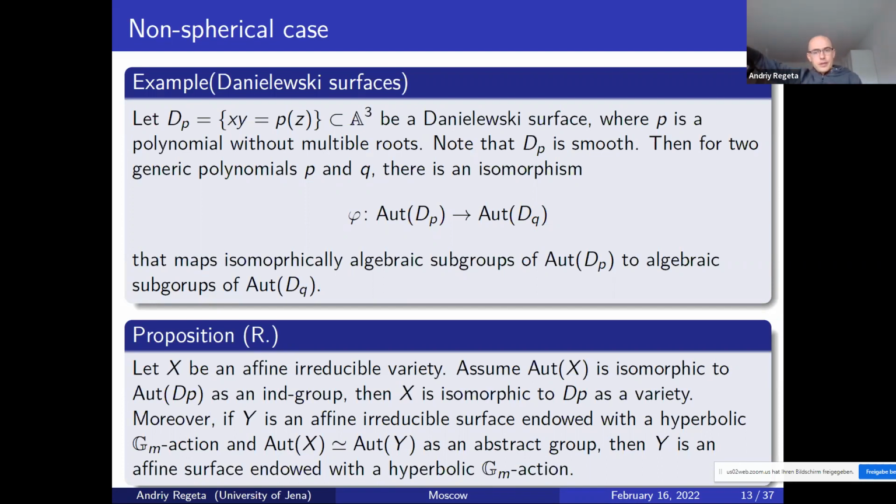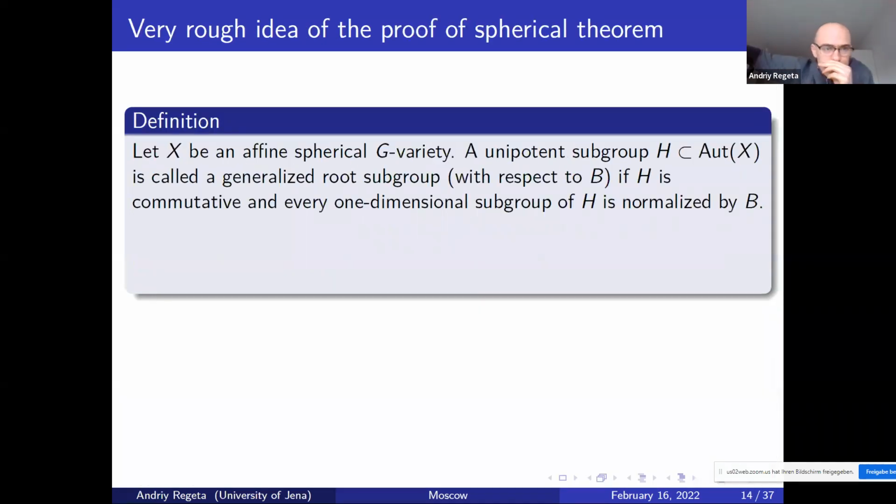Okay, let me go further. A very rough idea of the proof of the spherical theorem. Let X be an affine spherical G-variety.